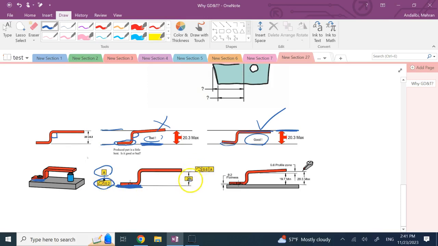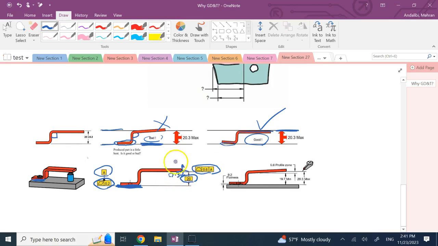And then you provide some basic dimensions for this height, and then using a profile again, you allow this maximum deviation to be at most 20.3, because again here if you look, this deviation is 0.6, so with respect to this surface, it is going to be half of that 0.6 above and half of that 0.6 below.